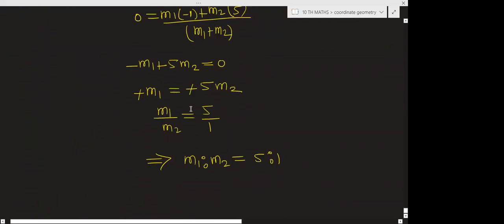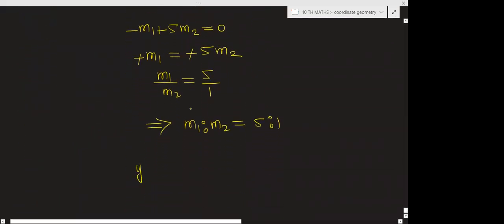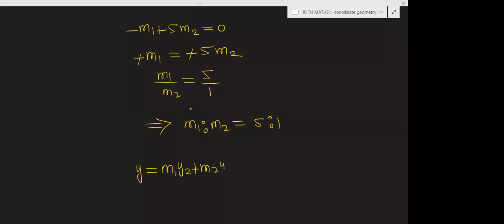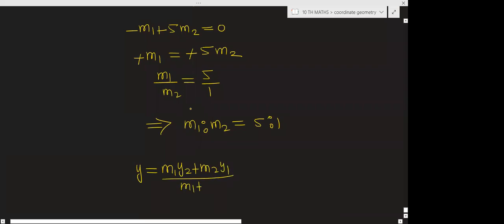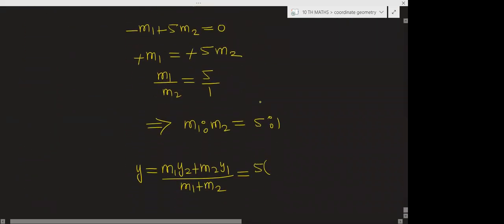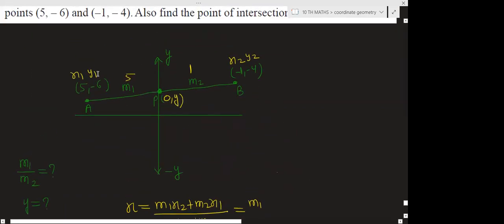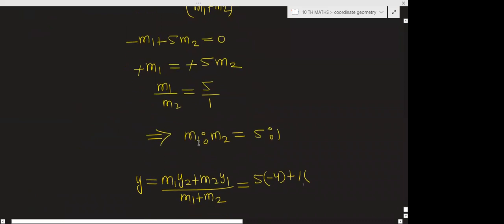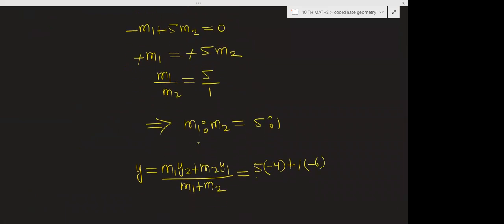So for y, apply the formula: (m1 y2 + m2 y1) divided by (m1 + m2). This y we have to find. Now this time we know the value of m1. m1 is 5. y2 is -4 plus m2 is 1. y1 is -6, and m1 plus m2 means 5 plus 1.